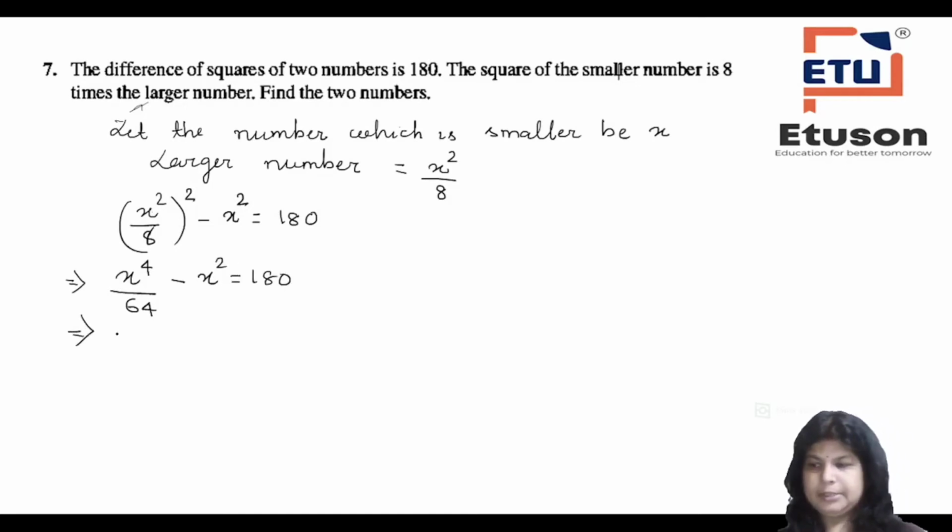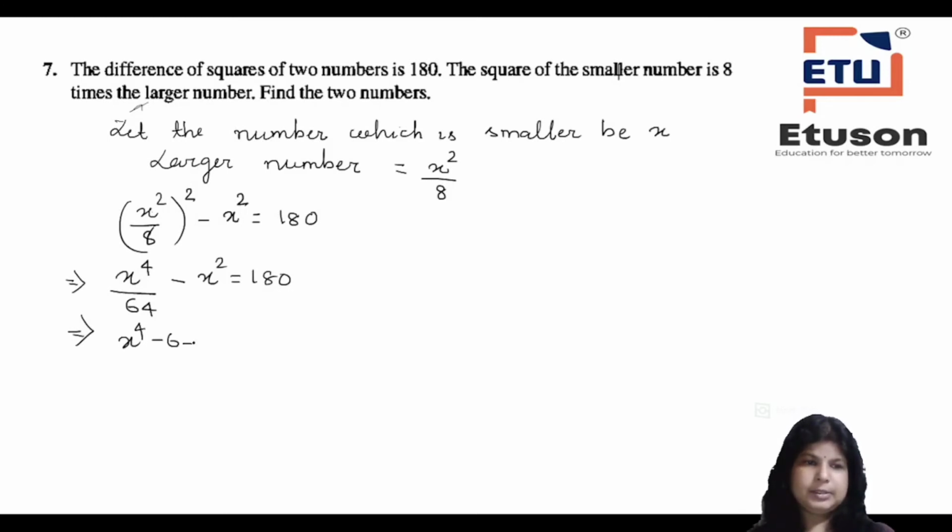It implies you will get x to the power 4 minus 64x square minus 180 into 64 is equal to 0. It implies x to the power 4 minus 64x square minus 11520 is equal to 0.